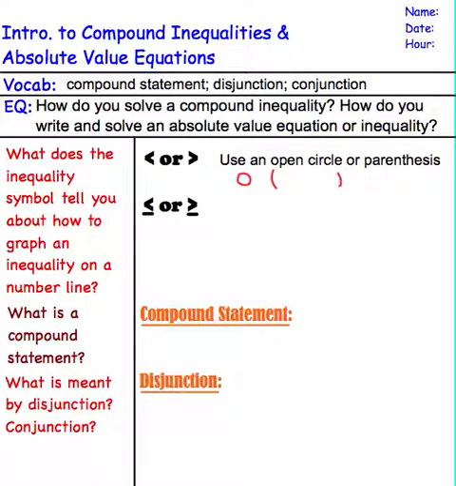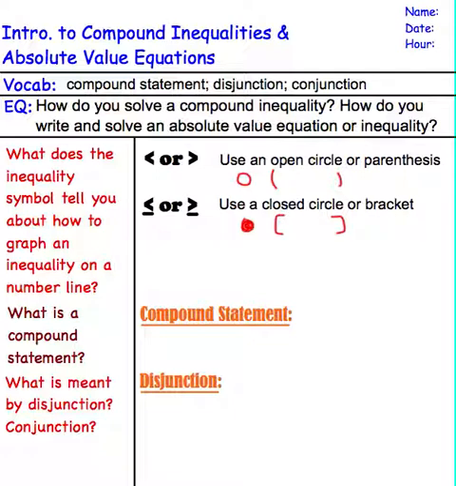Now if it's greater than or equal to, less than or equal to, we're going to use a closed circle or a bracket. In that case, closed circle like you've learned in the past, or you can use a square bracket to represent that it's including, which we talked about when we looked at set notation for range and domain in chapter 1.